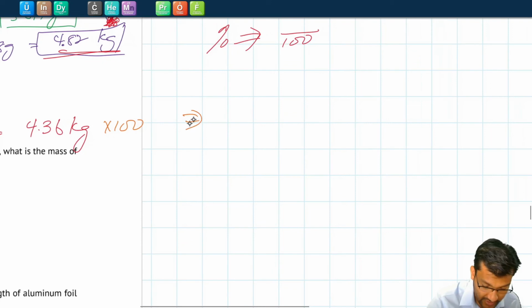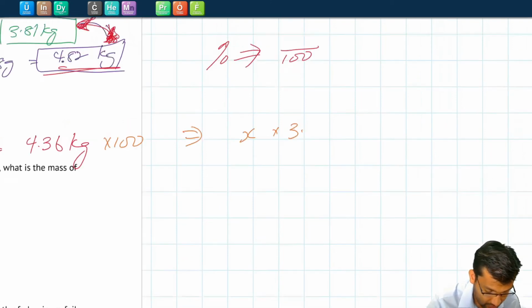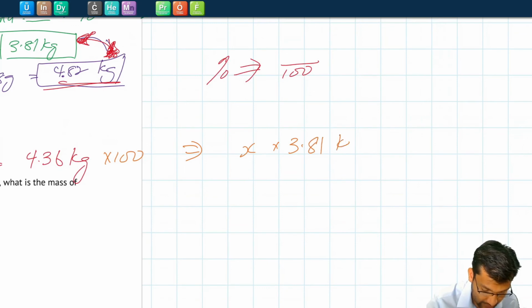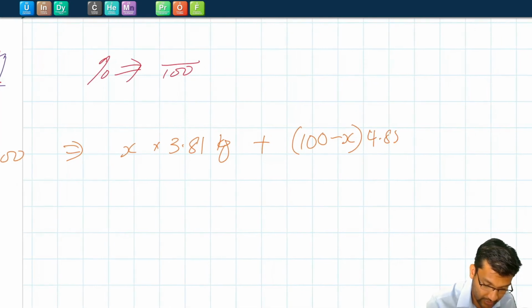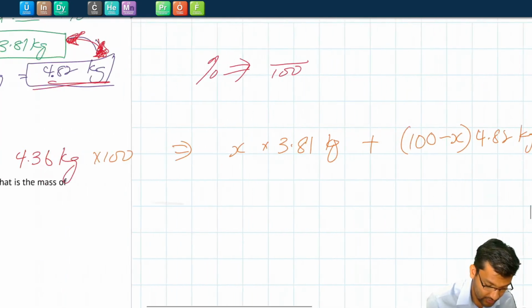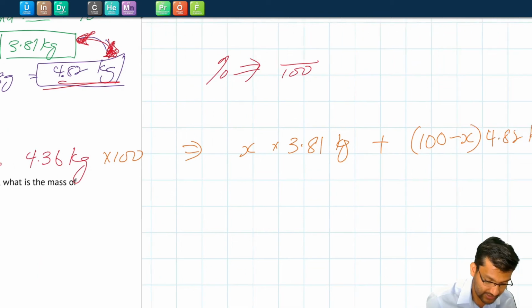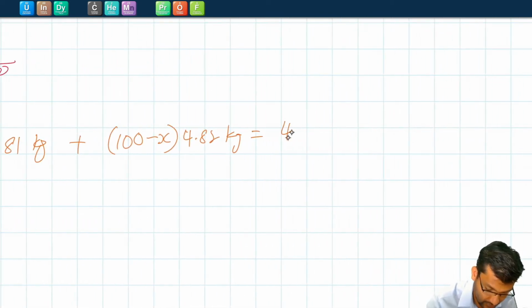So that transfers to X times 3.81 kilograms plus 100 minus X times 4.82 kilograms is equal to 436 kilograms.